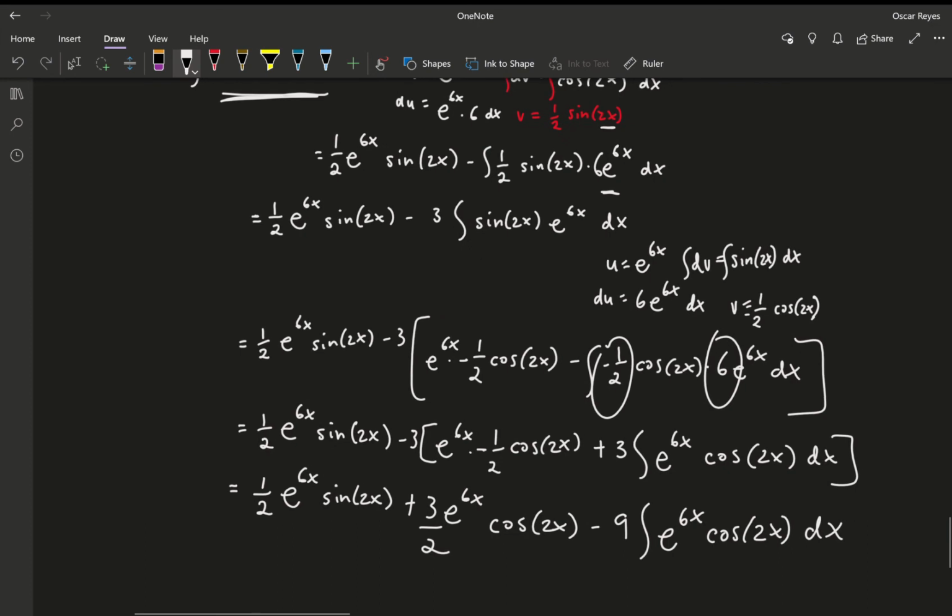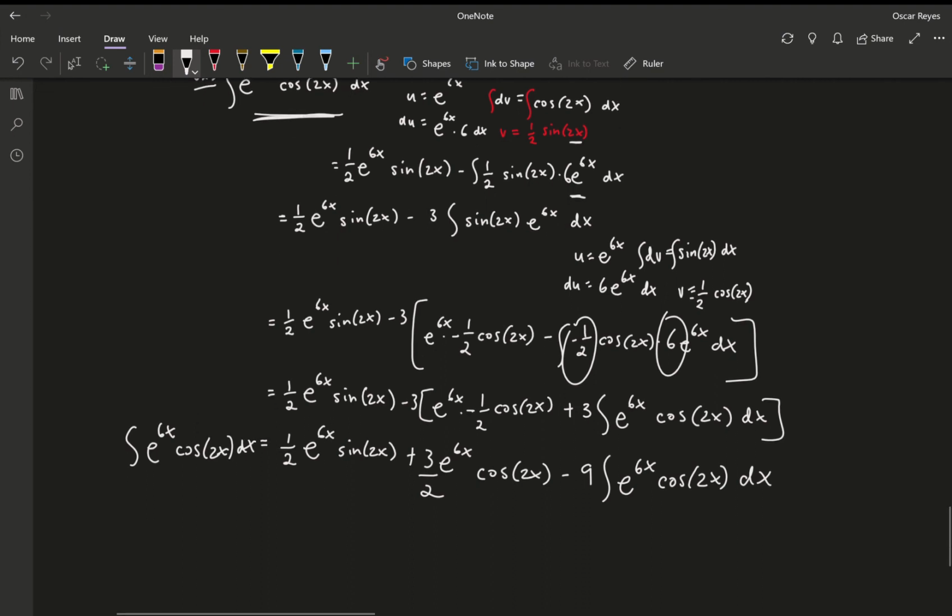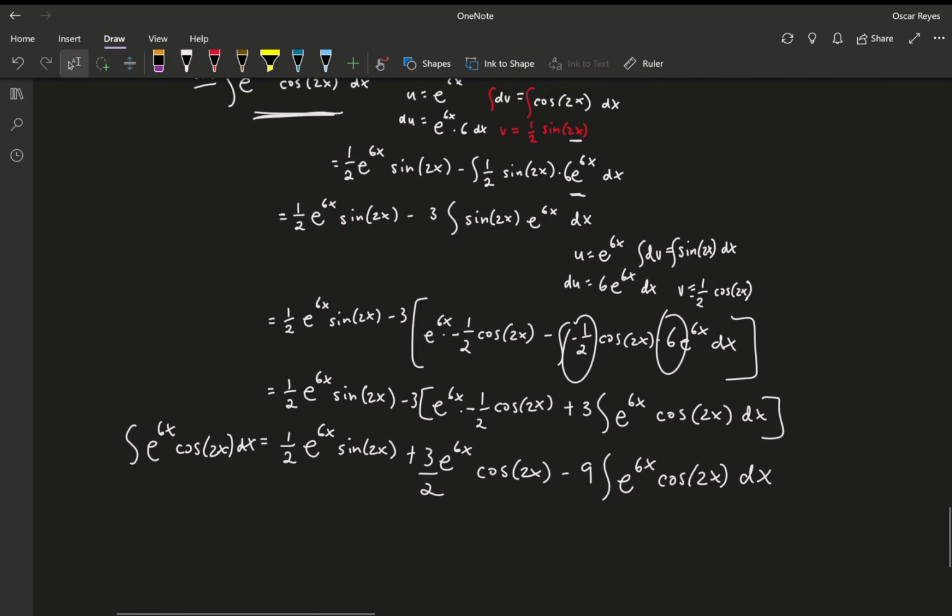Well, if we know that the integral of e to the 6x cosine of 2x dx is equal to all of that, what we can do is add 9 integral of e to the 6x cosine of 2x dx. These cancel out.